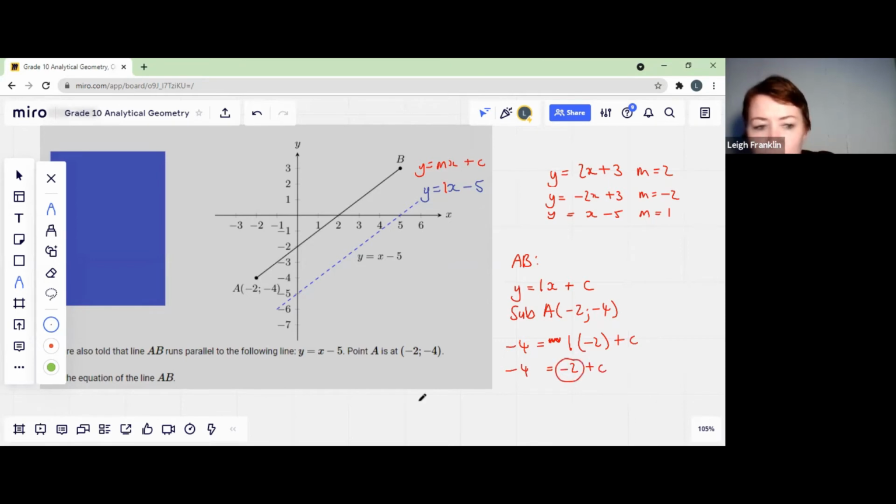So that minus 2 has to go over to the other side. So it's going to become minus 4 plus 2, which is c, and that means that c has to be equal to negative 2. Is that what you said, Harry? Nizole, okay, there we go. Oh, good, Nizole, well done. Okay, good job. Very nice.